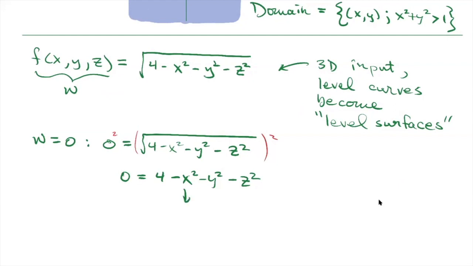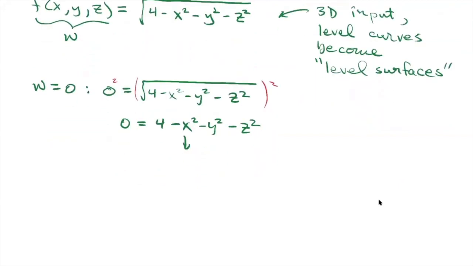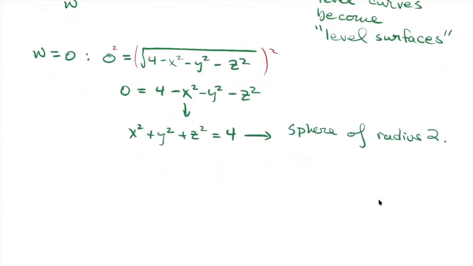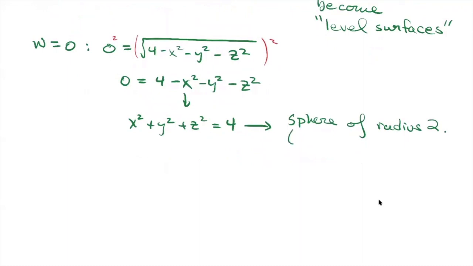So finally, you just say x squared plus y squared plus z squared is 4. And that's a sphere of radius 2. It's a surface. So clearly, it's not level because spheres are not level, but we still call it a level surface.